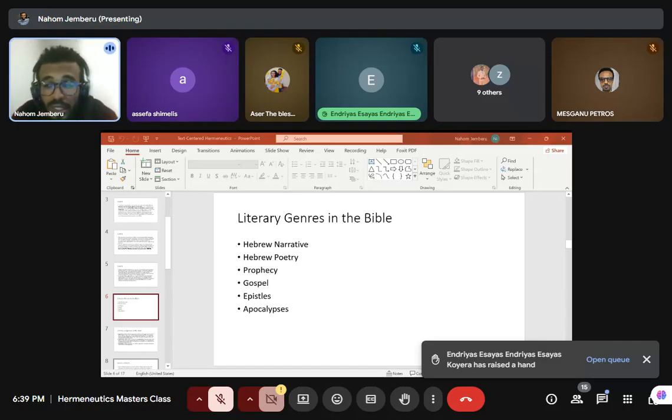So the first step is to recognize that the Bible consists of various genres. It would be wrong to read an epistle in the way that we read poems. That is the basic step of treating the Bible as literature, or focusing on the text itself.